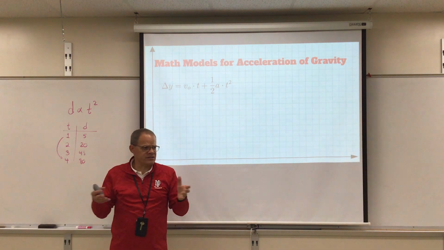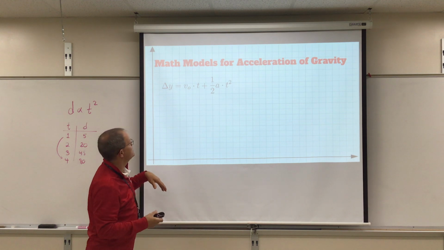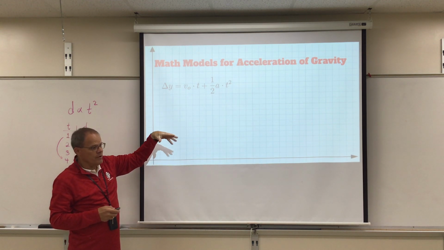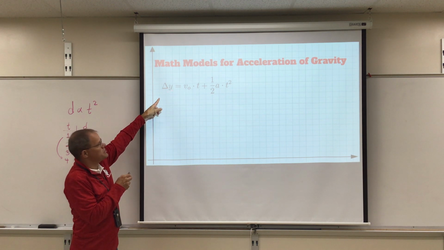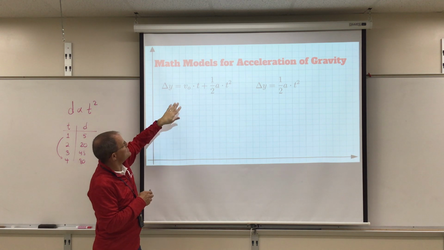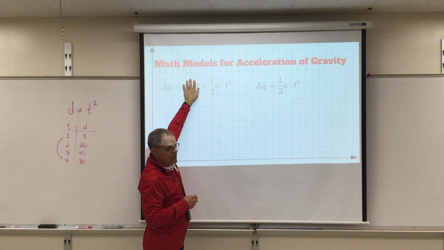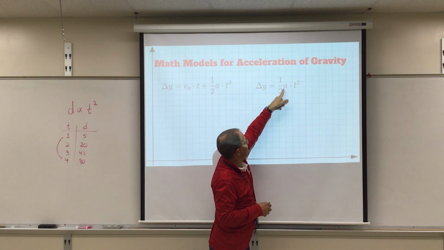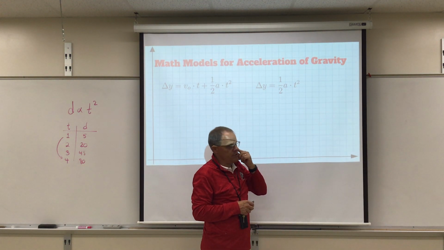X is a horizontal translation, y is a vertical translation. So that's our old equation from before. If an object is accelerating, its position, the distance it moves, can be described by this equation. And if the initial velocity is 0, that goes away. So if it starts from rest, the distance an object moves is 1/2 the acceleration times the time squared.